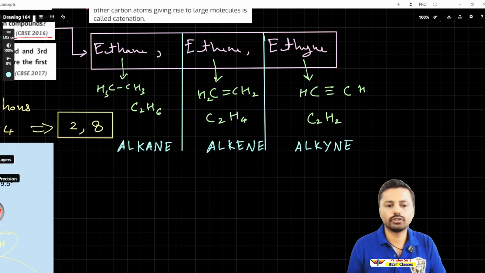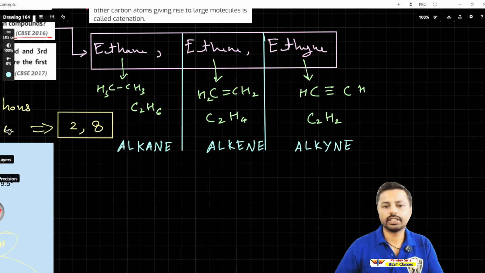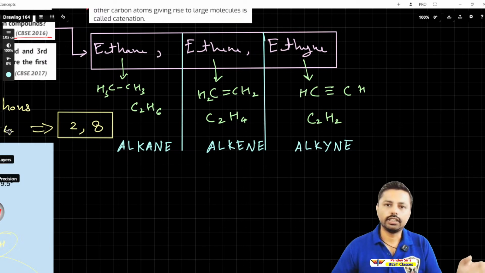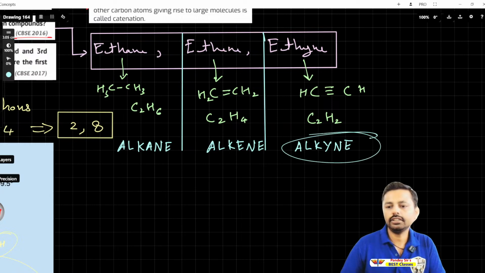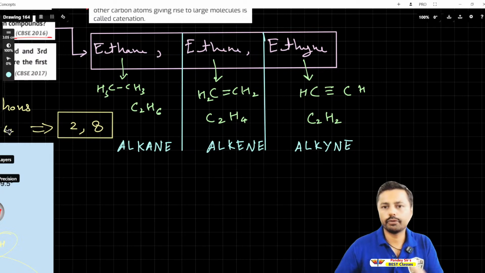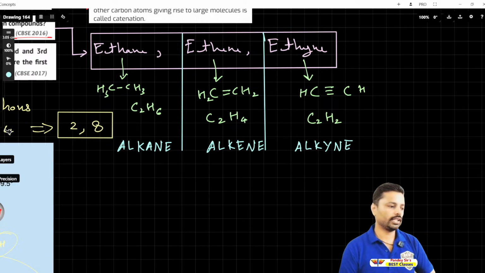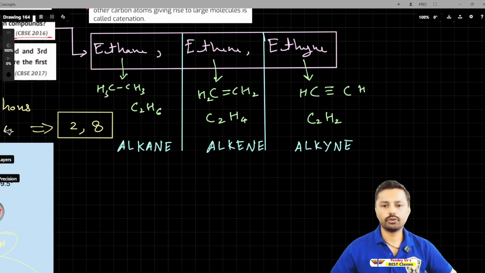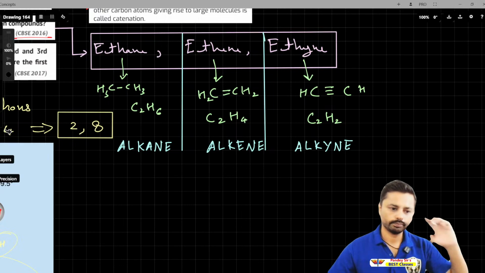That's it. So this is alkane: methane, ethane, propane, butane. Alkene: ethene, propene, butene, pentene, and so on. And alkyne: ethyne, propyne, butyne, and so on. Anyway, let's see if anyone has any doubt or asked anything.